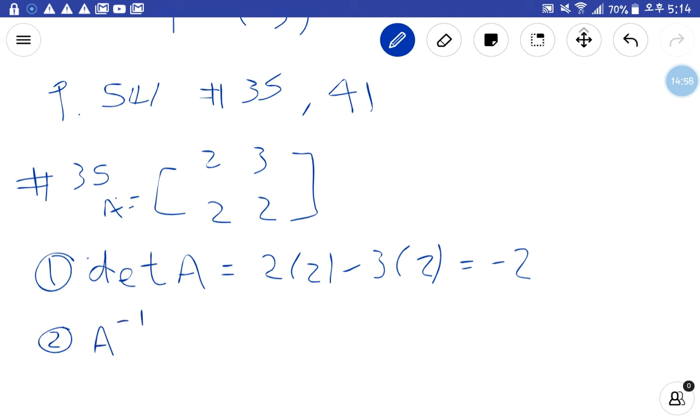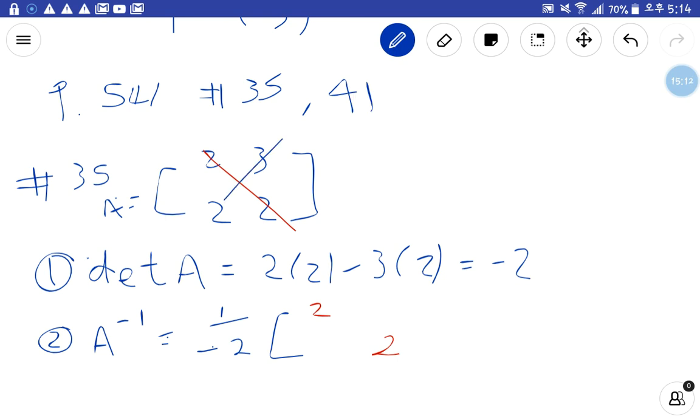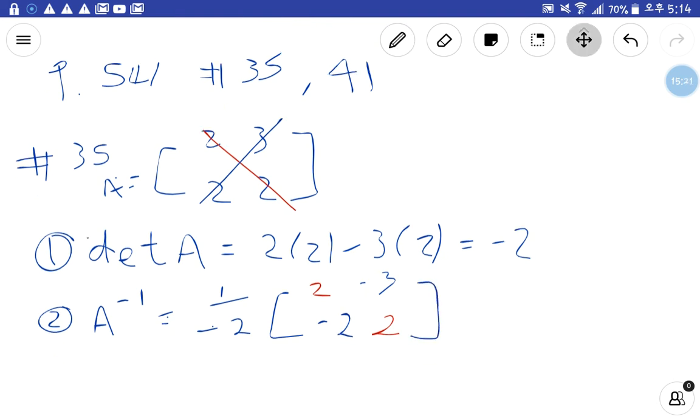The inverse matrix of A would be 1 over the determinant, which is -2. My first diagonal right here, what should I do? Switch the numbers. They are the same number, so you don't have to worry about it. Now what? Those other diagonal entries, 3 and 2, take the opposite sign. Alright? Now, what do I do after? Calculate.